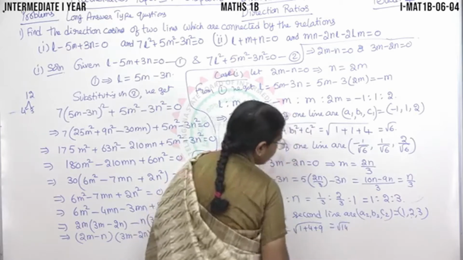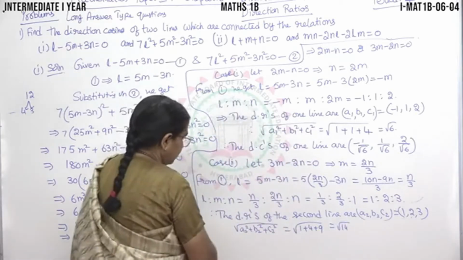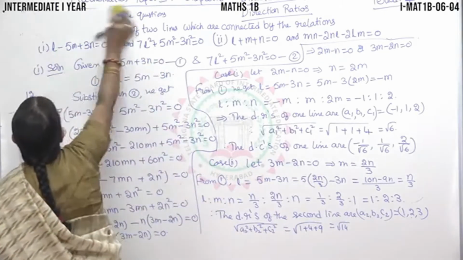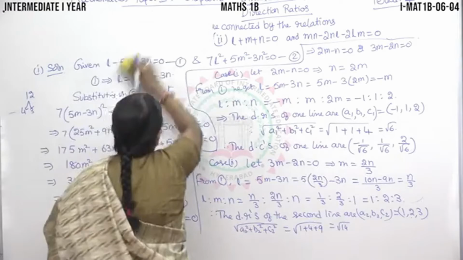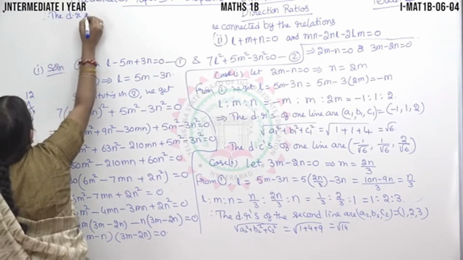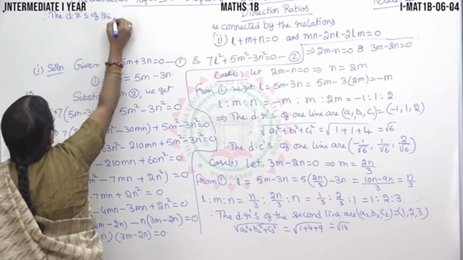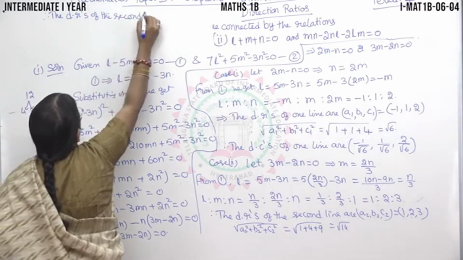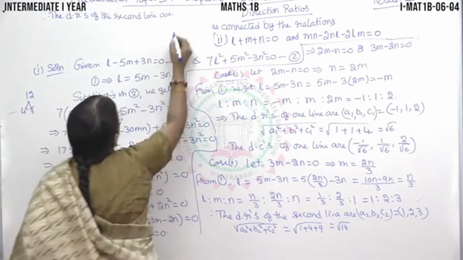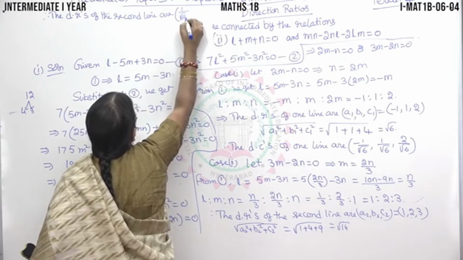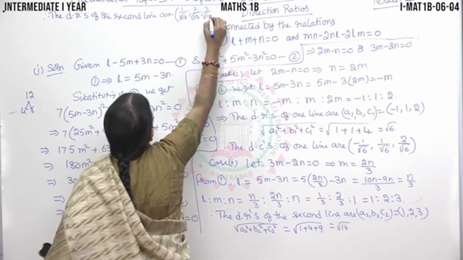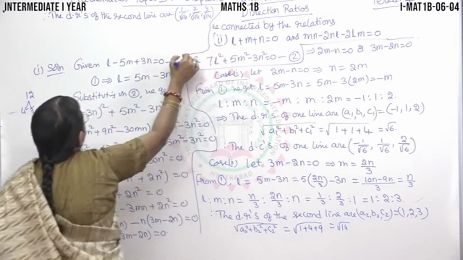Now we'll write. Therefore, the direction cosines of the second line are 1 by root 14, 2 by root 14, 3 by root 14. So finally you should write now.